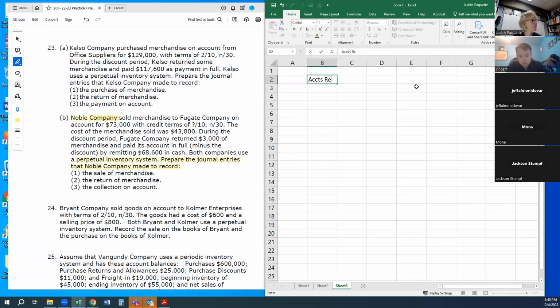Accounts receivable. And please remember, you don't need to put descriptions on journal entries for the exam, but I'm going to put it here. Okay, so that's one. And we just got to figure out the dollars.